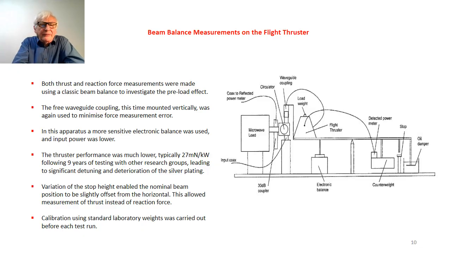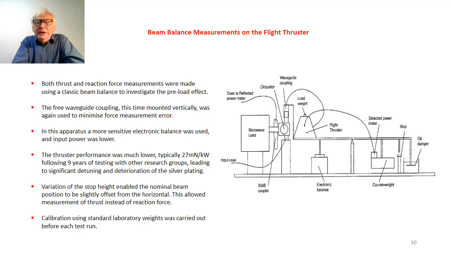Because this set of tests was done much later in the development cycle, in fact 9 years after we did the formal tests of the thrust on the flight thruster, the poor old thruster had been through a number of other research groups who played with it and did all sorts of tests with it to verify that what we'd done was right.